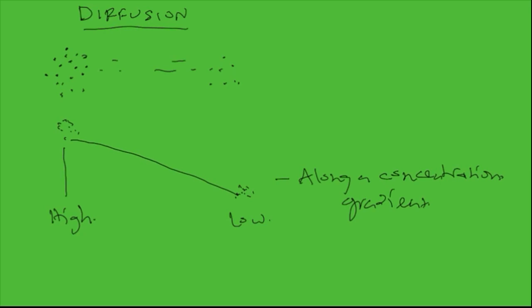Now, how do you explain this process of diffusion? Explanation. Particles in a gas or liquid state are constantly moving freely, bumping into one another and bouncing off randomly.